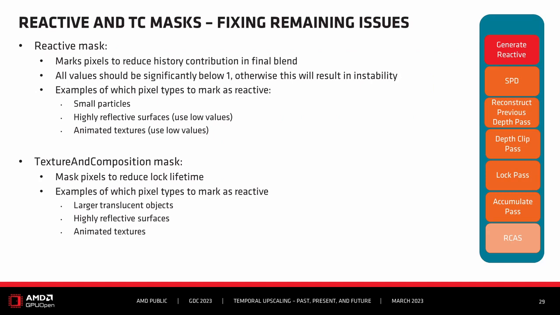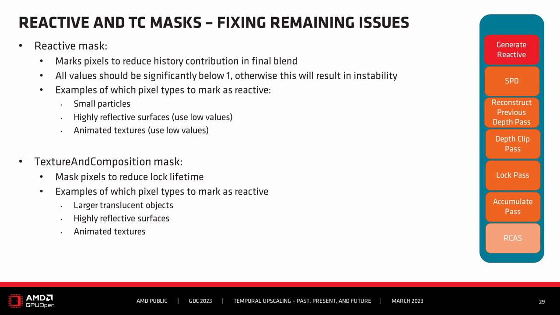Obviously, if you want to provide those masks yourself, you need to know what they are about. So the reactive mask is a mask that marks pixels to reduce the influence of the history. So basically it influences the alpha value in the blend between the history and the current sample intensity directly. Values should be significantly below 1, otherwise this will cause temporal instability as the camera jitter will become visible.